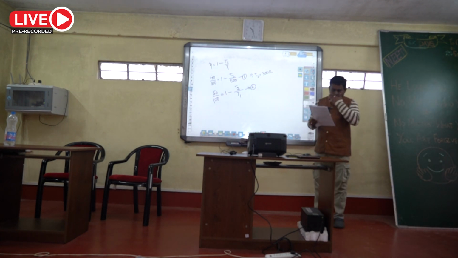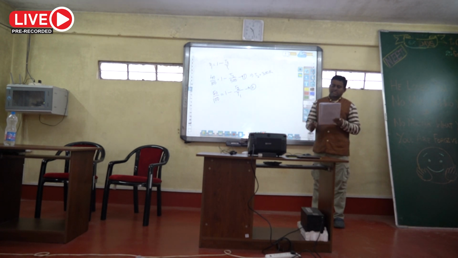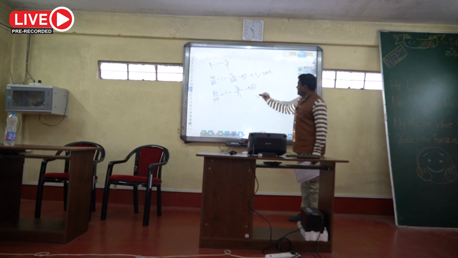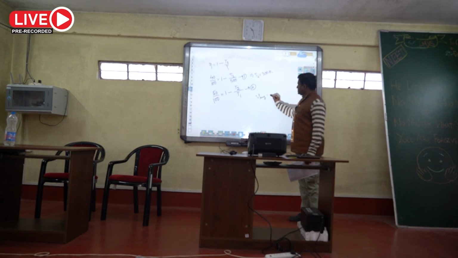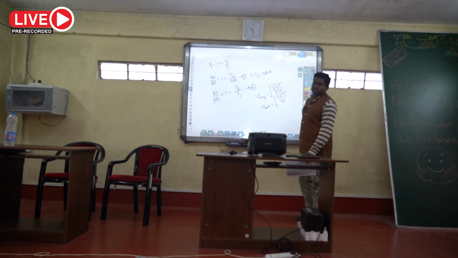Next, the root mean square speed of the molecules of a gas is 1260 meter per second; find the average speed of the gas. See, V average is equal to root over of 8kT by pi m, and V RMS equals root over of 3kT by m.